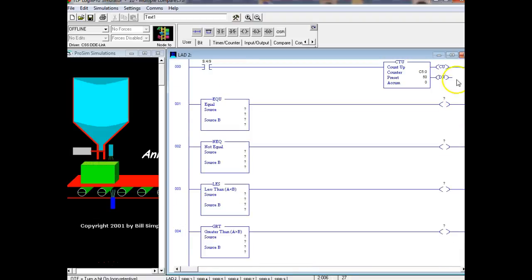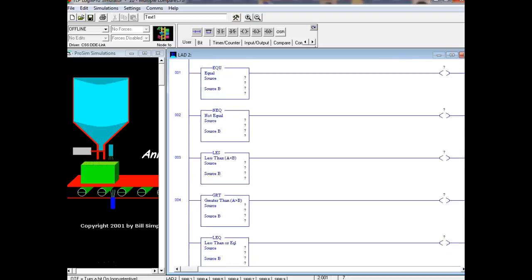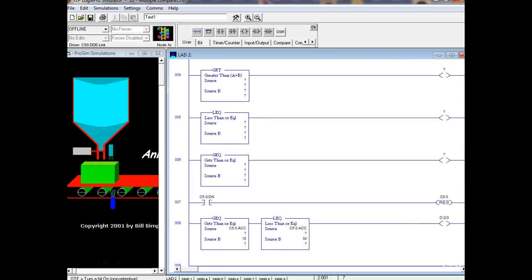So which output are we not using? Not using any of them right now, are we? I think we might be using one down here. Output 2.